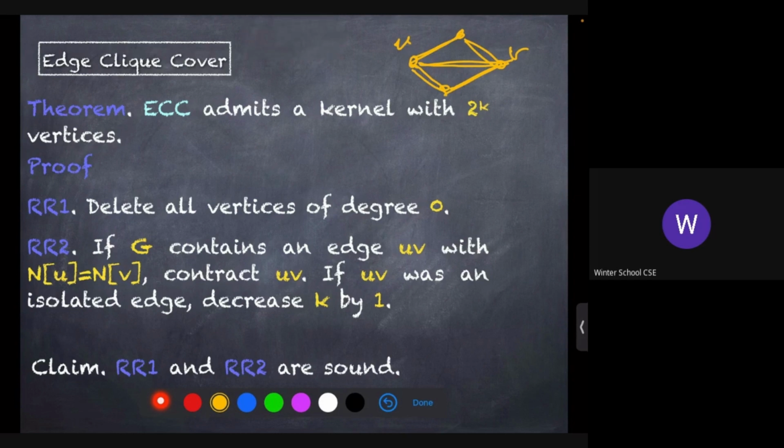Well, the first rule being sound is obvious, right? So why is the second rule sound? Look, if I have two vertices with the same closed neighborhood, there is always a click which contains both of them, right?